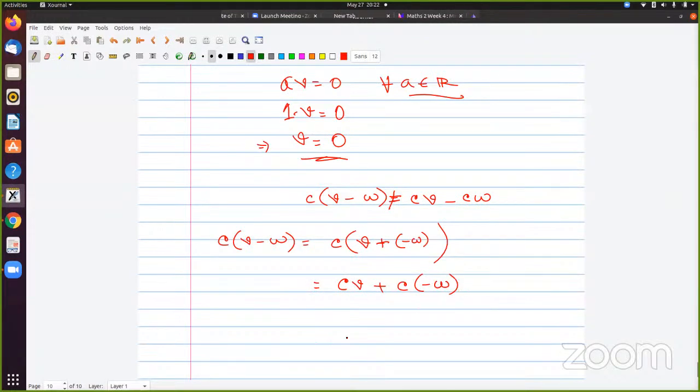Now, this is C into minus 1 into W, right? Now, that I can put as minus 1 into CW.